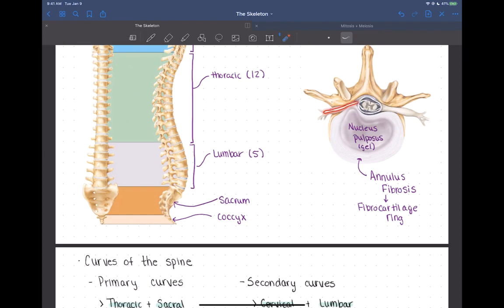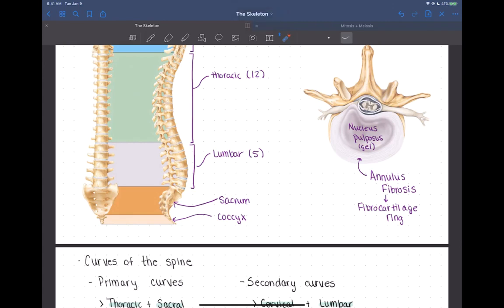This is a spinal nerve, and it's pushing on this nerve that's coming out of the spinal cord. This would be the spinal cord here, which sends out nerves that go out to the body. That herniated disc can press on that spinal nerve, and it can cause numbness and a lot of pain, depending on where it's located and what it's pushing on. You would need surgery to repair that.